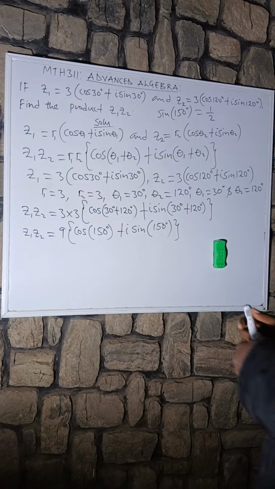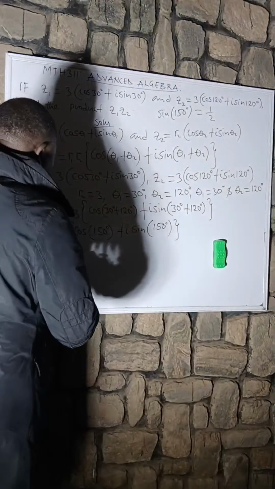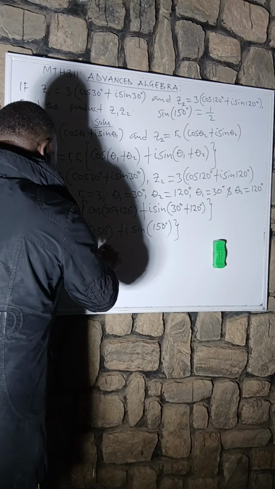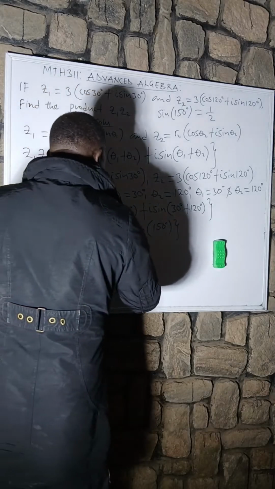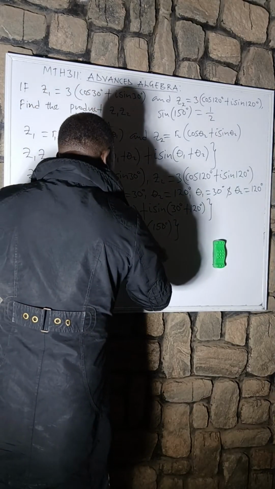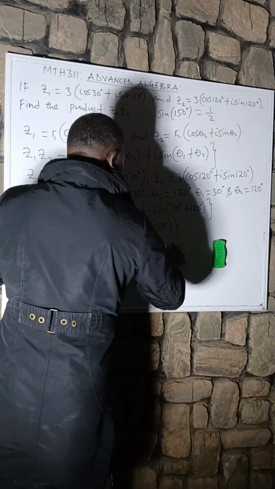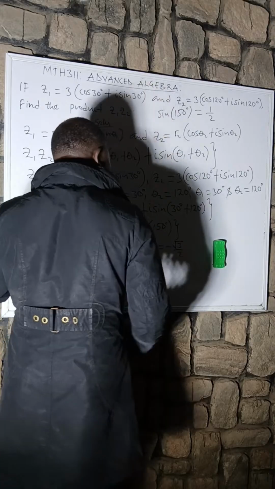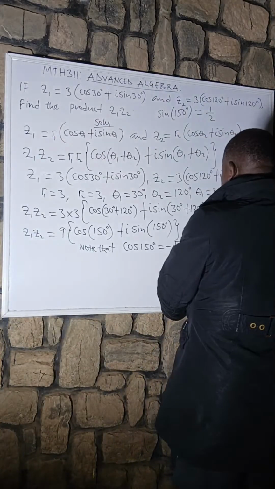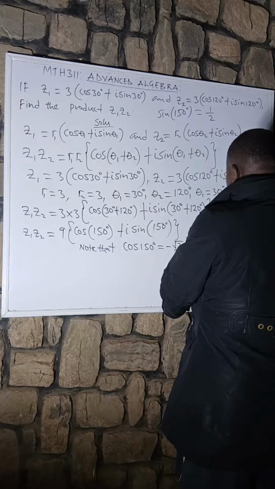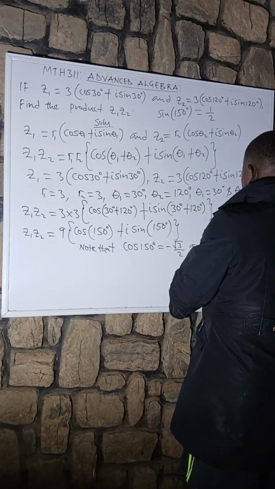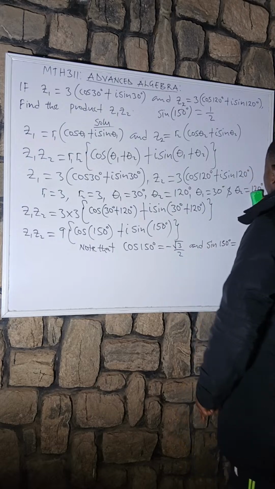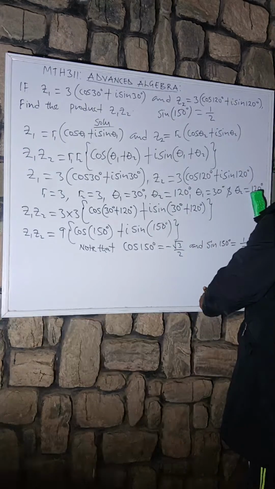So it means note that cos 150 degrees equals minus root 3 all over 2, and sine 150 degrees is equal to 1 all over 2.